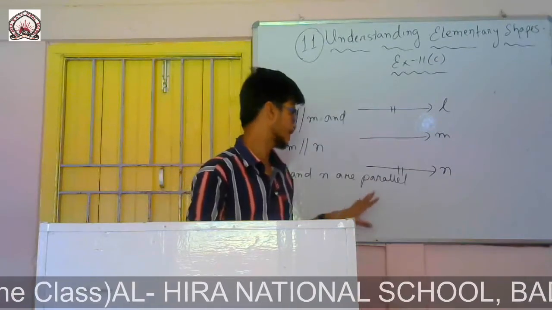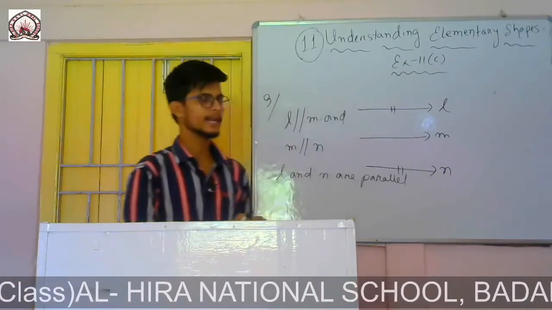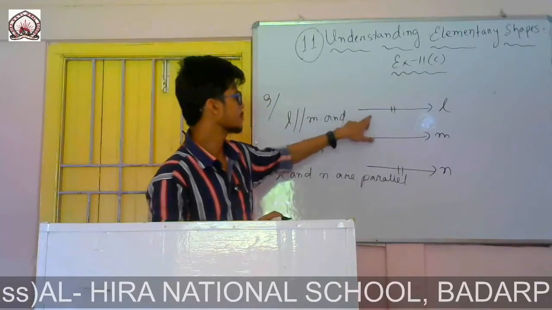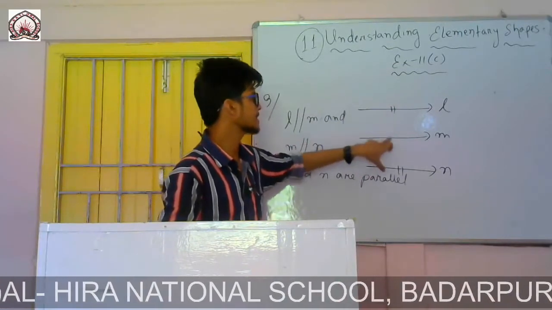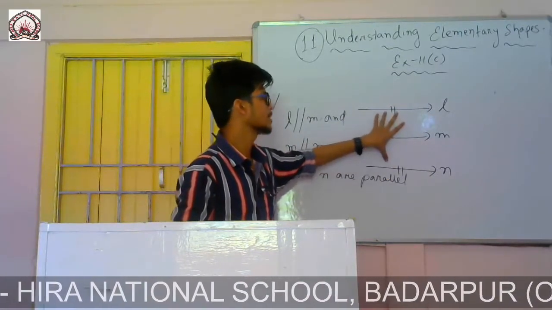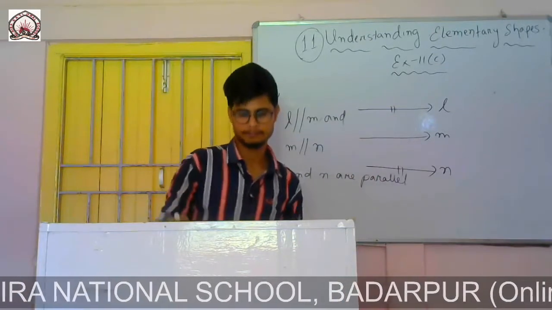So this is the answer: L and N are parallel. It is given that this one is parallel to this line and again this line is parallel to this line, that means these two lines are also parallel.